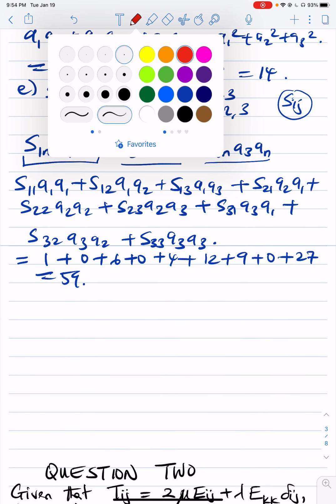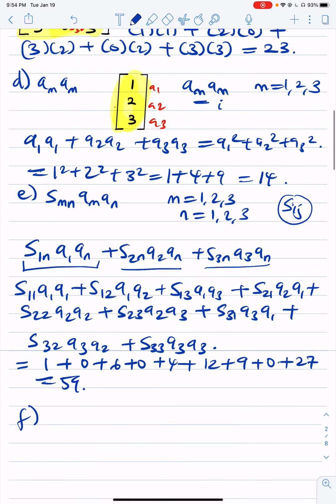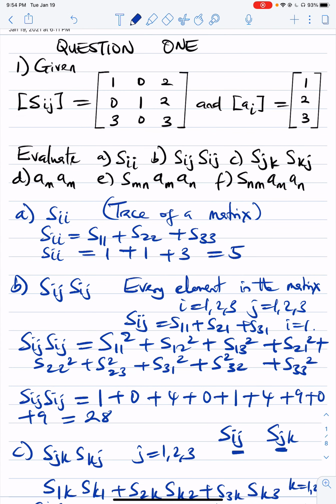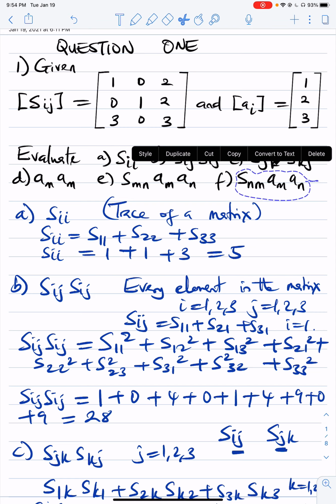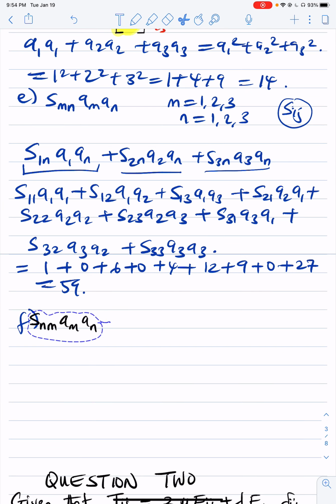Then the sixth question says, you see, this was the sixth question. This question doesn't look too different from this, right? This is SMN, but this just shows this. Yeah, it's that simple.